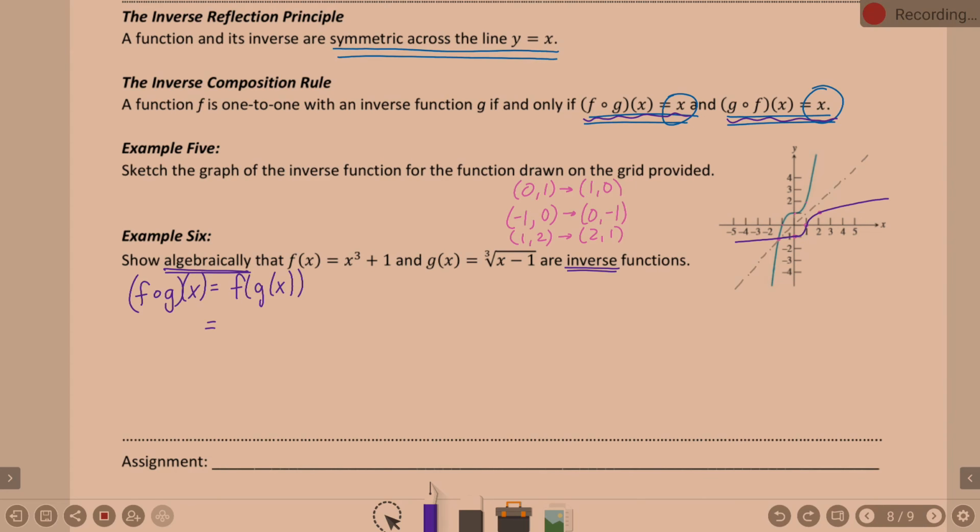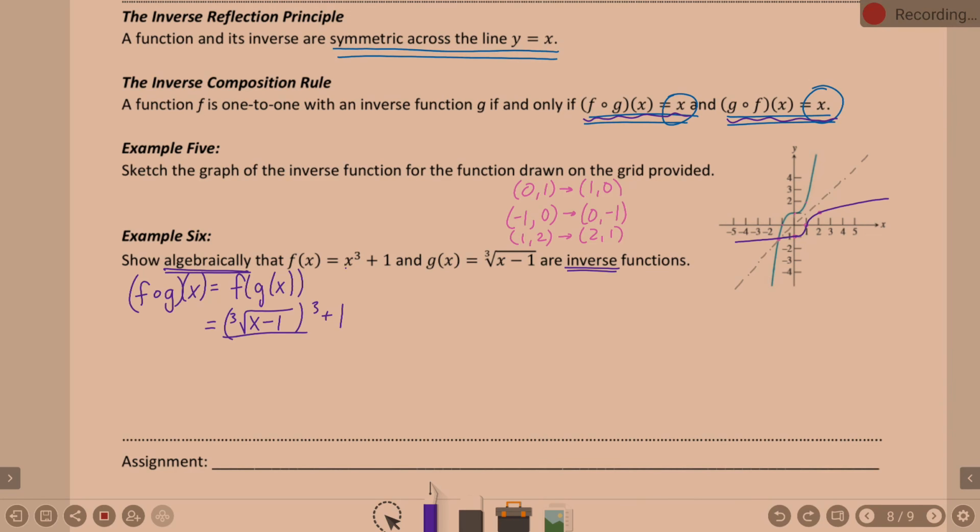Every place I see an x, I'm going to replace it with cube root of x minus 1. So f of x is something cubed plus 1. What's the something I'm putting in? My g. So the cube root of x minus 1, cubed, plus 1. Does something around there work for you?